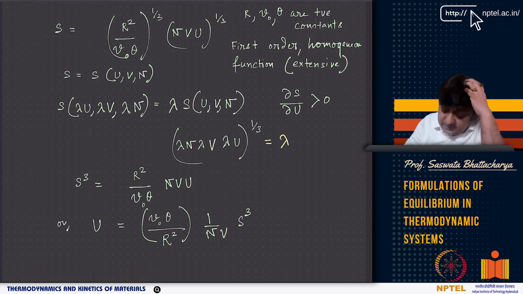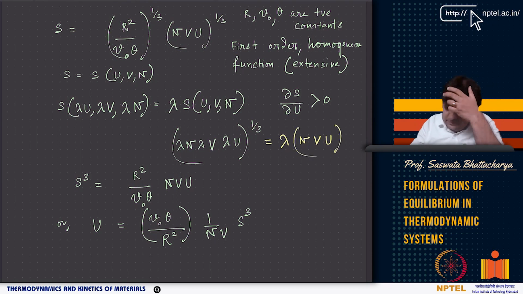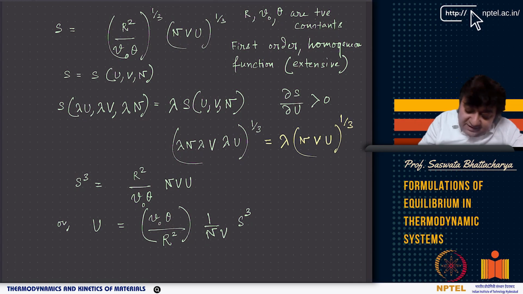Lambda cubed to the power 1/3 means lambda, and then this is basically going to be lambda times (NVU) to the power 1/3, right? So this is a valid function which relates S to N, V and U, right? So this is one example that I have taken from Callan's book exercise.